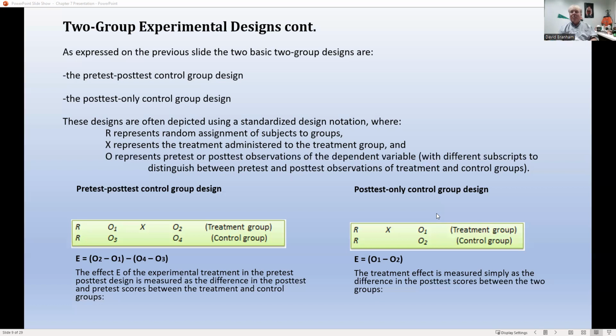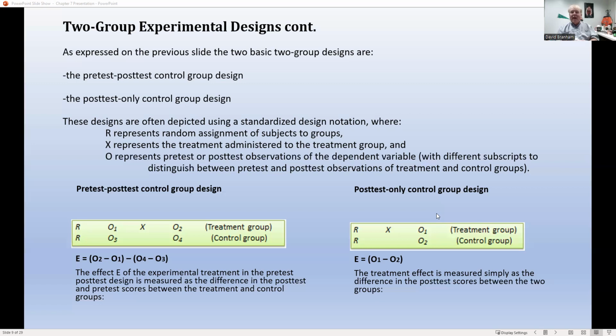So for instance, if blood pressure is your dependent variable and you have a pill X that you get for that, then that pill X should account for the change in blood pressure from O1 to O2. And then from O3 to O4, you're not going to see any change in blood pressure because that group actually didn't get any treatment at all.